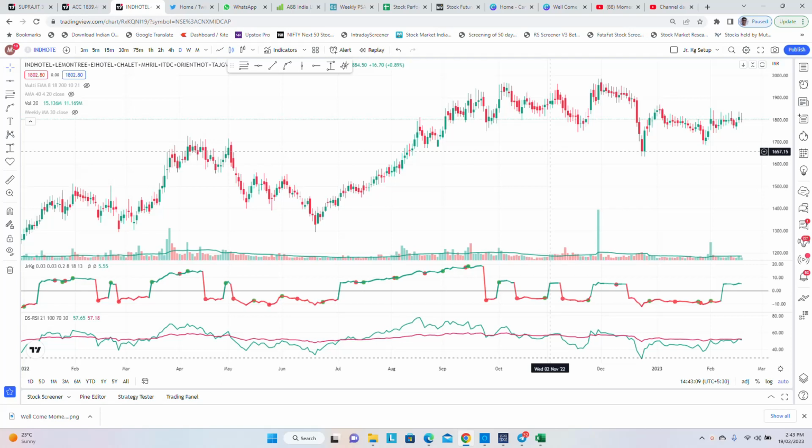But there are a lot of other sectors where we don't have an index, though there are very good, fundamentally strong stocks trading within that sector.